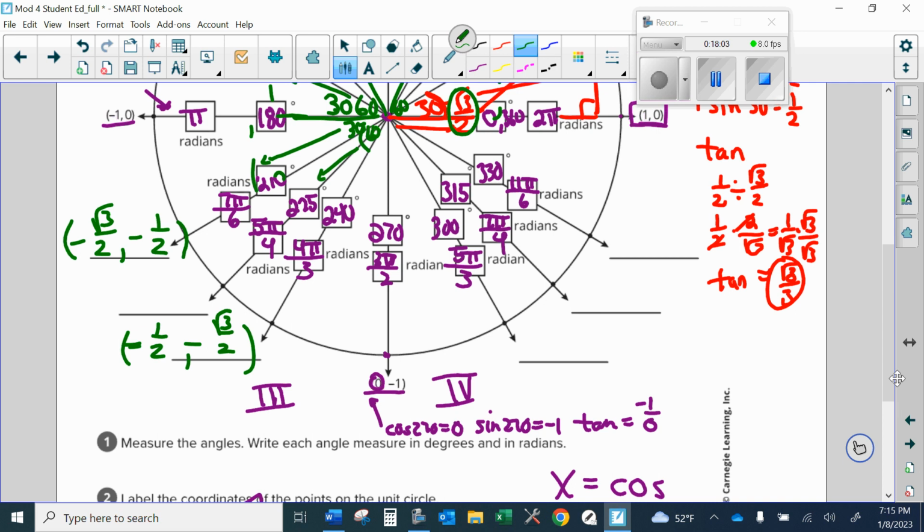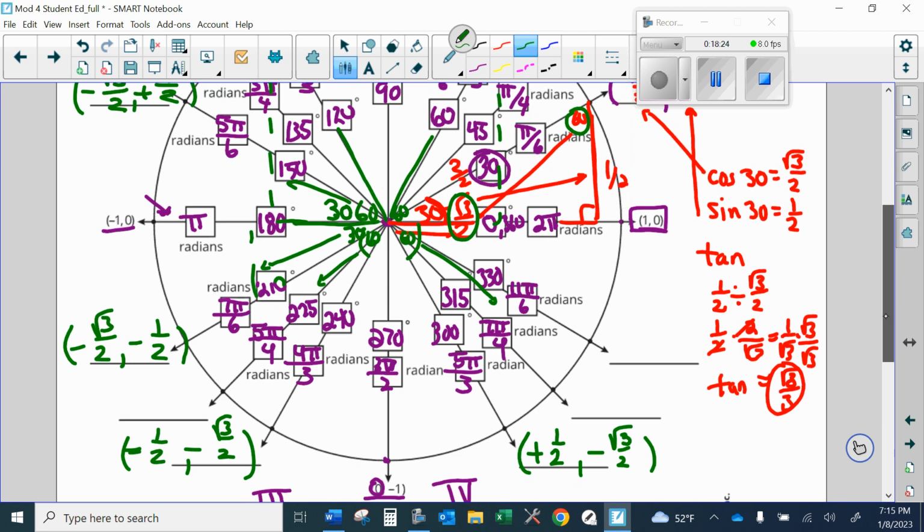I come over here, I got positive and then negative for quadrant 4. Put my signs in first. Okay, this reference angle at 300 is 60 degrees right there, right? So then the 60-degree side is the y coordinate. So the y coordinate, root 3 over 2, the x coordinate, 1/2. And then at 330, the reference angle is 30, so that's the y coordinate. Again, we have positive and negative.